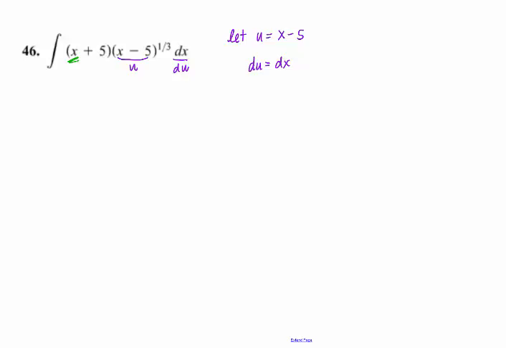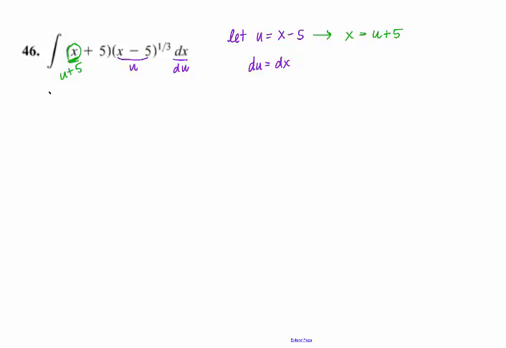And that's a problem because now our integrand is in terms of x's and u's. So we use the bridge that we created, the connection between x and u, to solve for x. If u is x minus 5, x is u plus 5. And we can substitute that right here for x. So x is u plus 5.